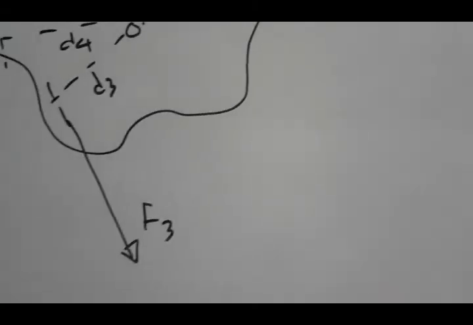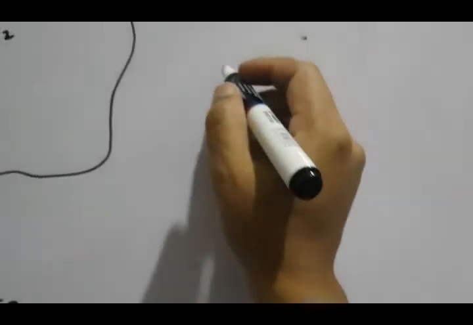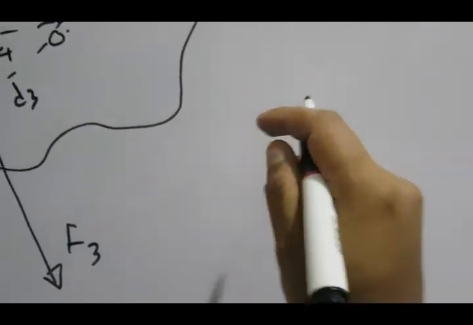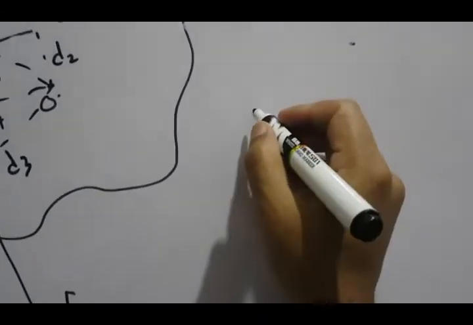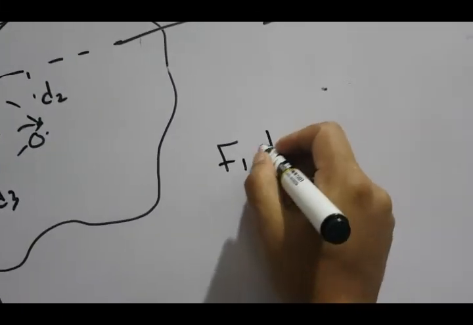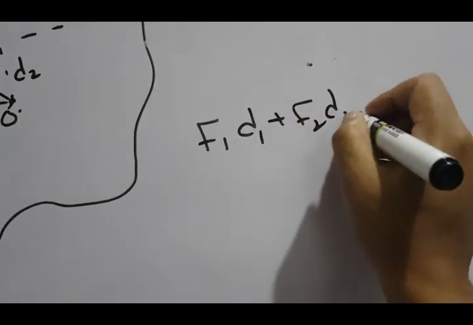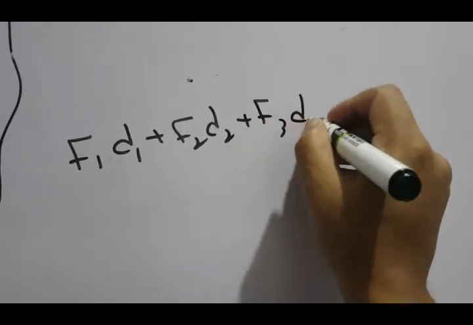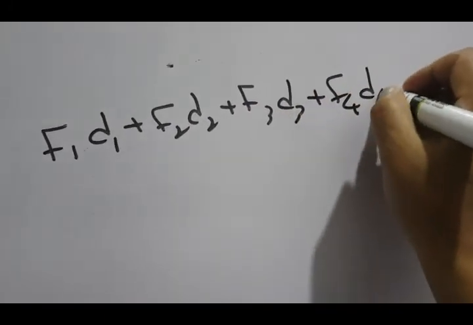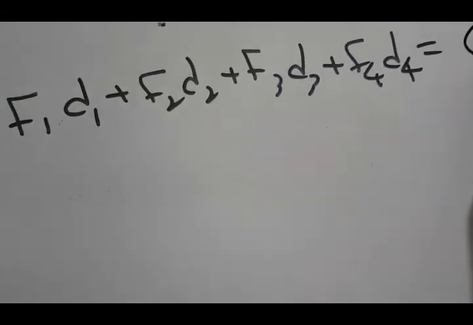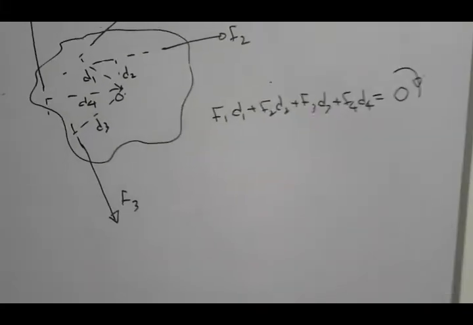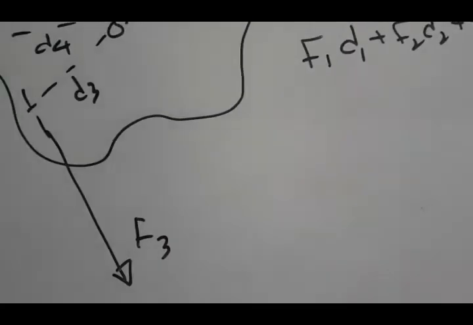So how do you find the algebraic sum of the moments created by all these forces? That leaves you with F1 d1 plus F2 d2 plus F3 d3 plus F4 d4, and I can go on, right? This is the algebraic sum about O in this direction. So this is equal to the resultant, sorry.